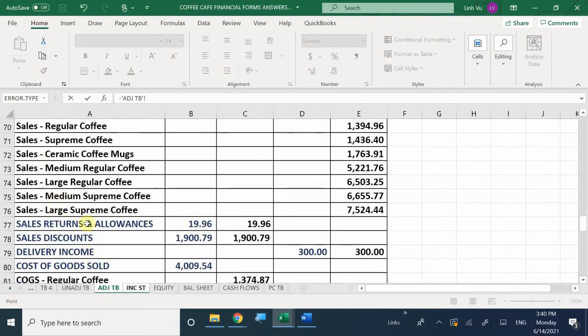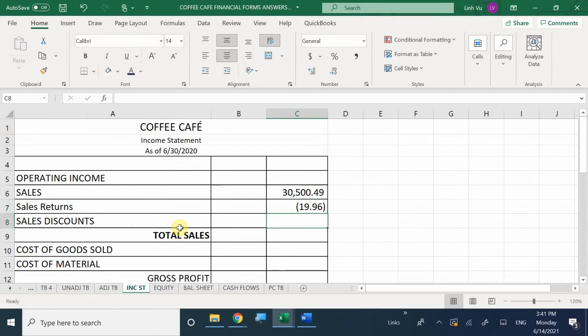What was my total sales returns and allowances? $19.96. Now, this is what I like to do. I like to throw in a negative sign ahead of time so then I can just sum the column.